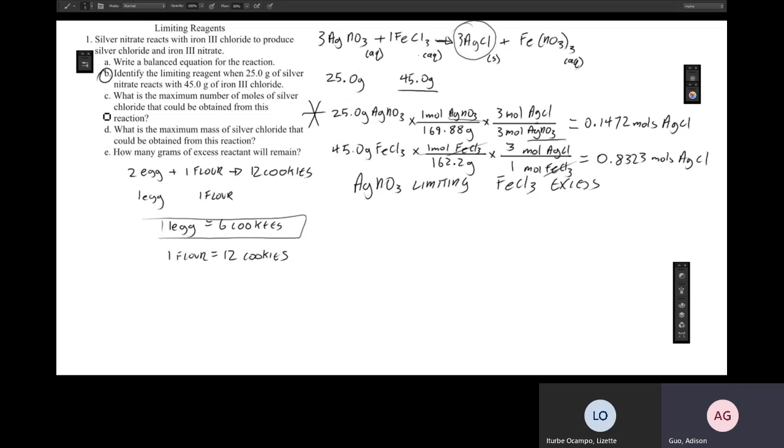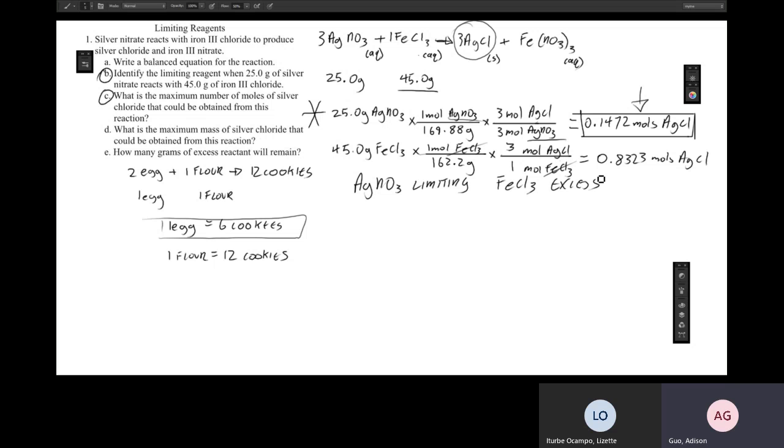For C, they're trying to ask us what is the maximum number of moles of silver chloride that can be obtained from this reaction. So if you look, we can already see that we solved that. With the maximum number of moles of silver chloride, the maximum amount we can create is going to be this much, because we only have enough of this to make this much.